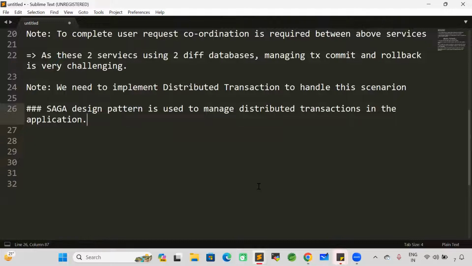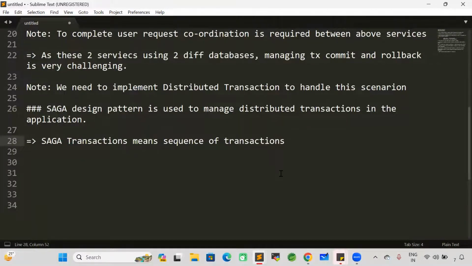SAGA design pattern is used to manage distributed transactions in the application. Okay, right. So SAGA means SAGA transaction, nothing but SAGA transactions means sequence of transactions.